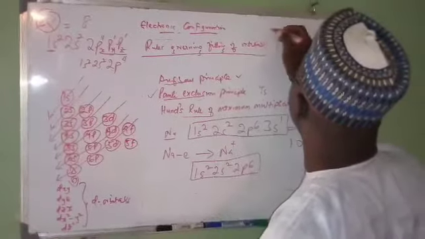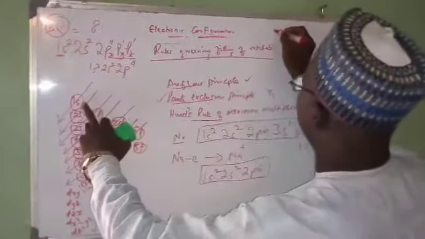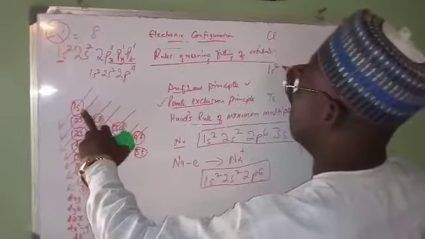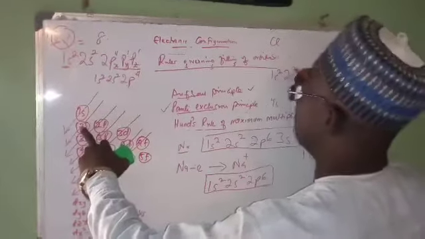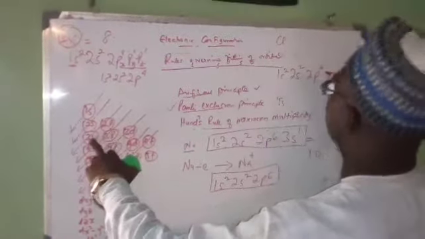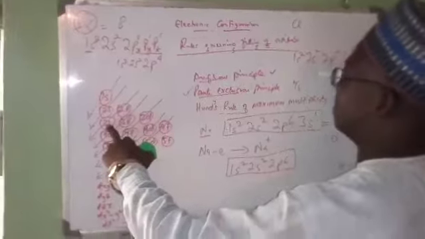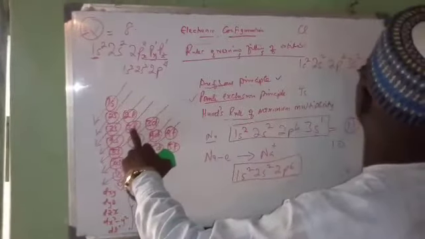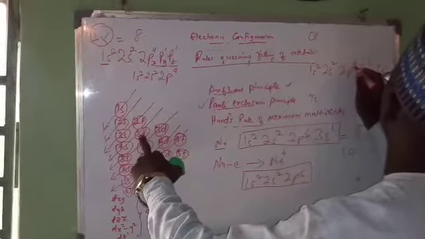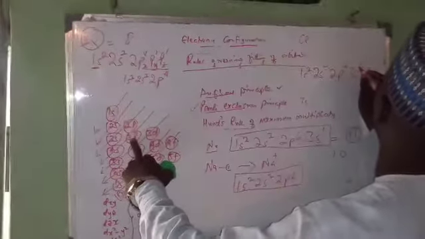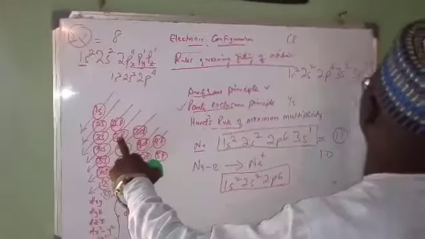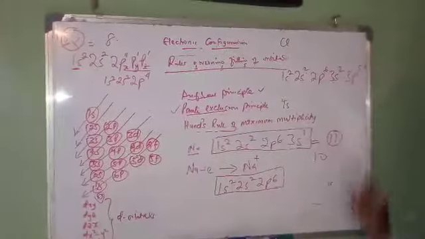So we can easily write it as chlorine 17: 1s2, 2s2, 2p6, 3s2, 3p, this is 2 plus 2, 4, plus 6, 10, 10 plus 2, 12, then 5, 3p5. This is for the chlorine atom.